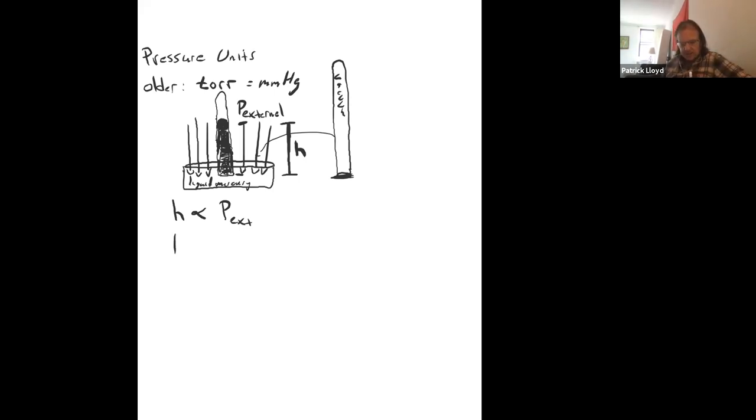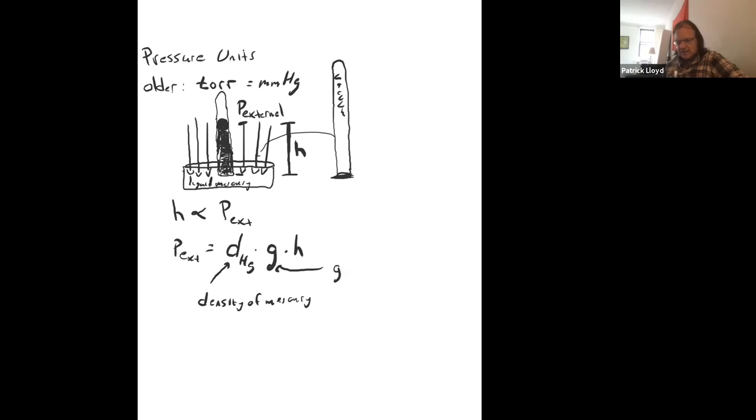The external pressure is equal to the density of the mercury times g times h. So we know what h is. This is the density of the mercury. And this, unless you've taken physics, you may not remember what it is.